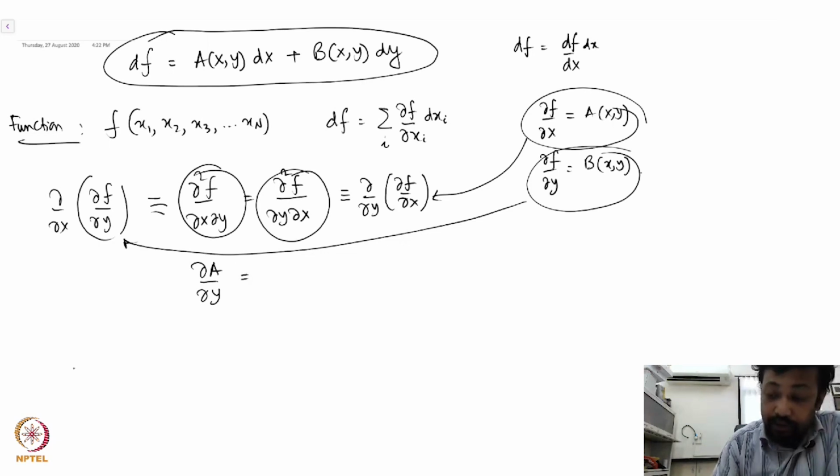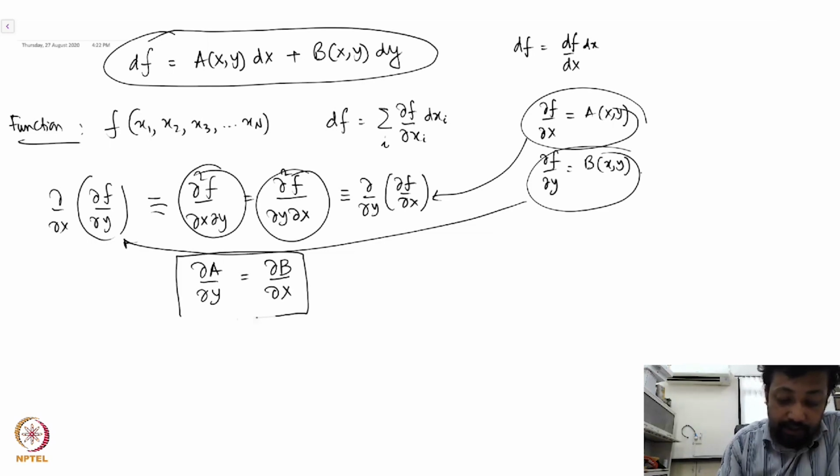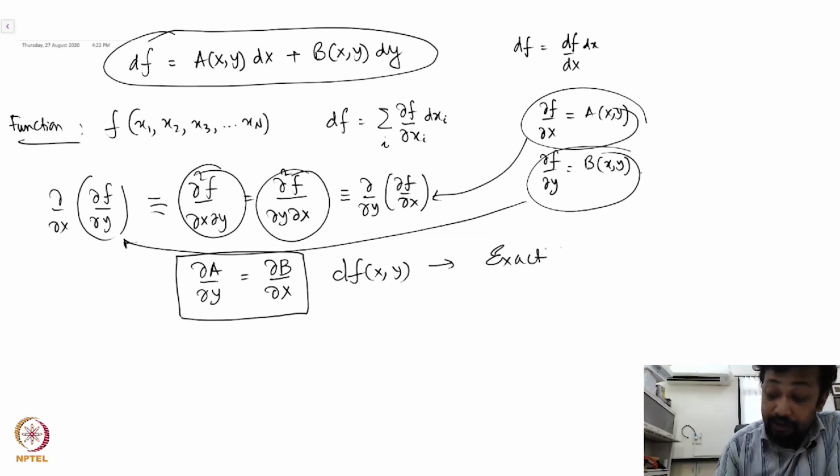It follows that ∂a/∂y must be ∂b/∂x. If this condition is satisfied, then df(x,y) is an exact differential. If it is not, then it is an inexact differential.